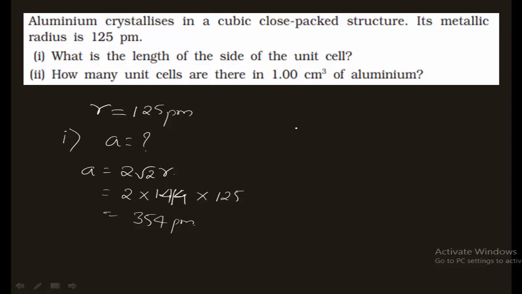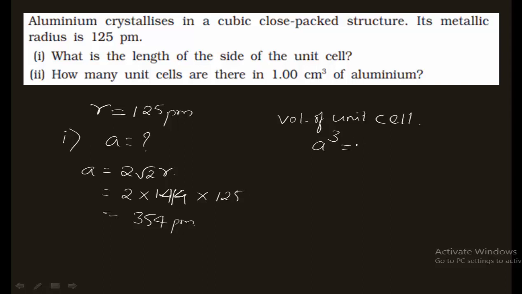The ratio of the total volume to the volume of the unit cell will give the number of unit cells present in 1 cm cube. So here simply first find out volume of unit cell. How to find the volume of unit cell? That is nothing but A cube. So here A is 354 picometer.